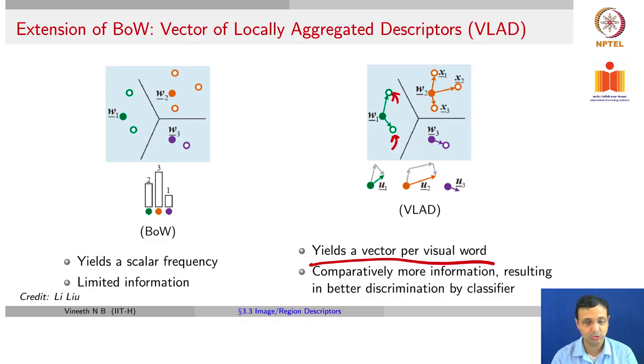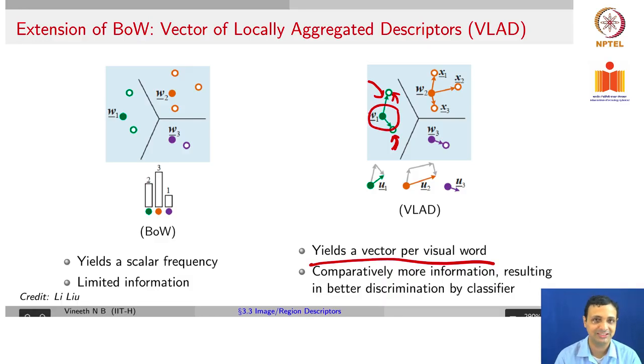You would have obtained the visual word by clustering groups of features in your training images. Now, given a new feature in your query image, you look for how far that is from the visual word. You would get a residual vector. Similarly, you take another feature that's mapped to the same visual word and see how far that is with respect to the visual word, and you add up all the residuals, and you would get one vector residual, which is the sum of all residuals that get mapped to this visual word.